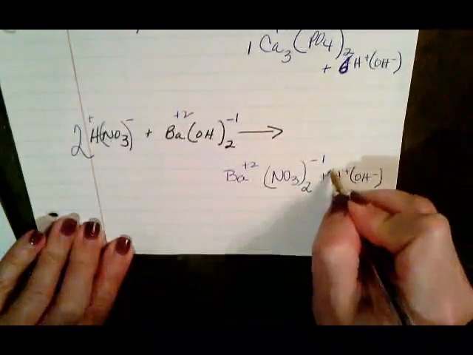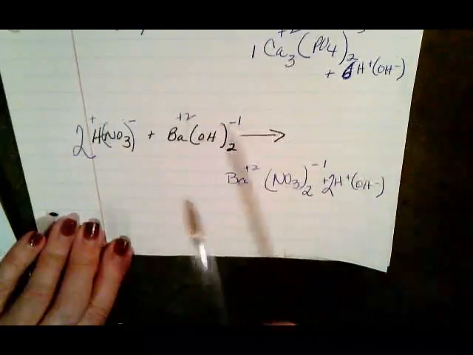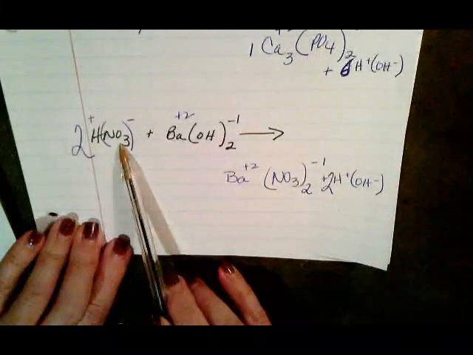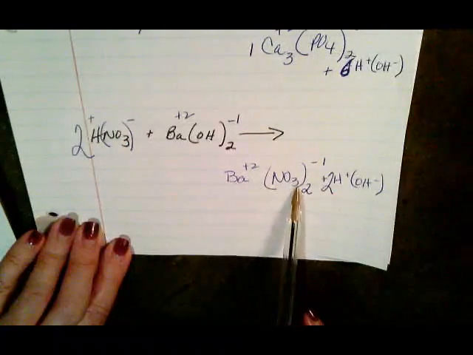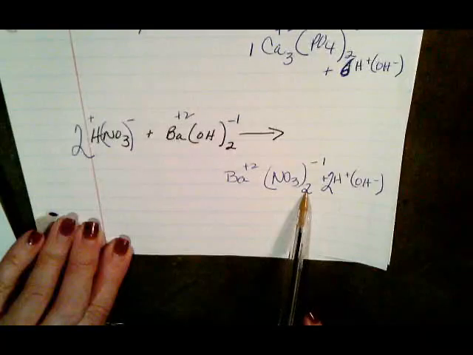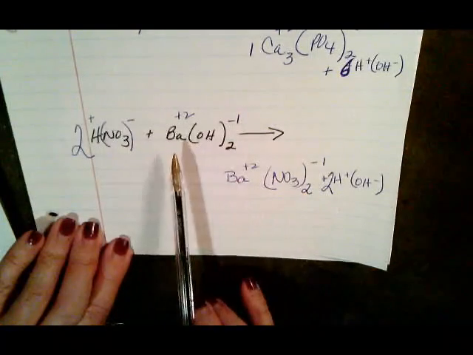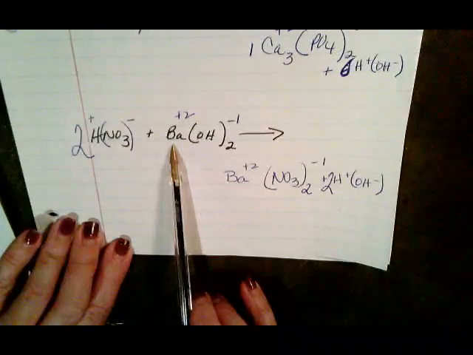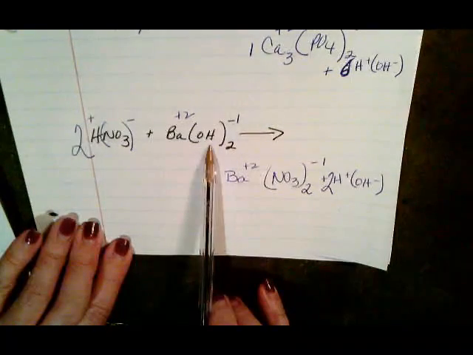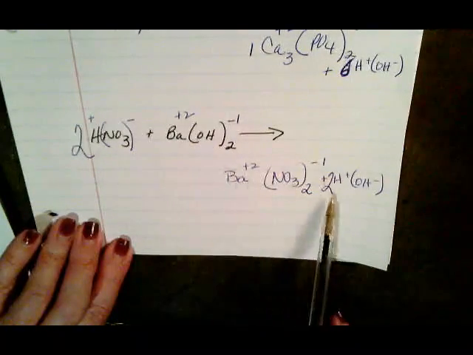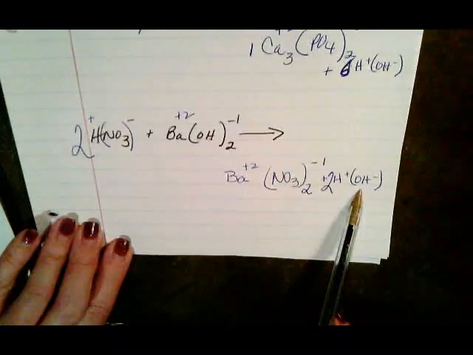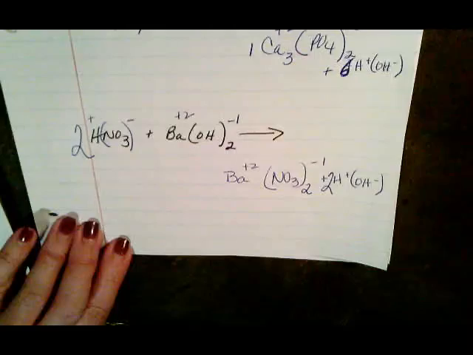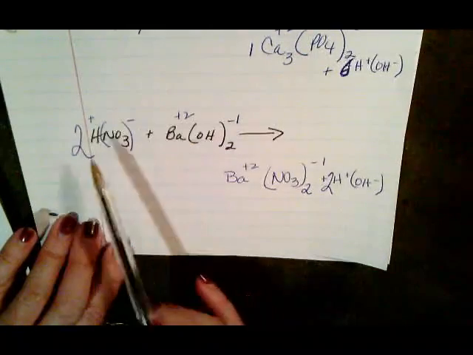So let me fix that. And then two NO3s. But I like that because it's in the formula. And now, this is great, people. Two hydroxides. Hey, that looks good. Okay, so we did it.